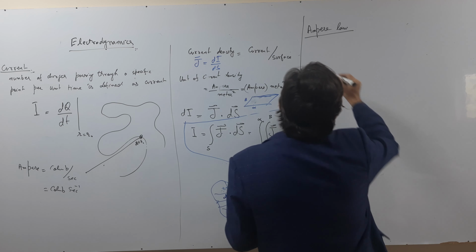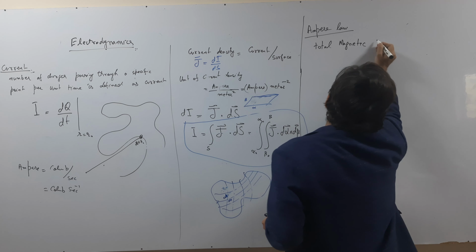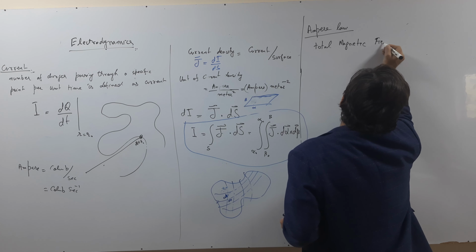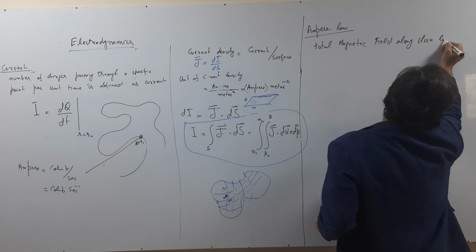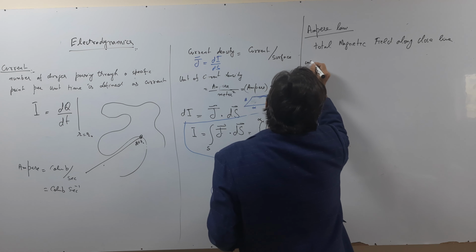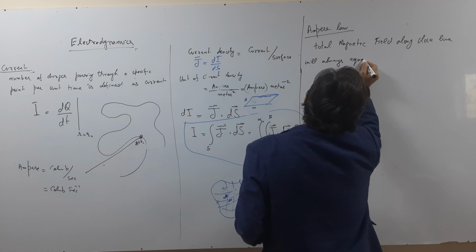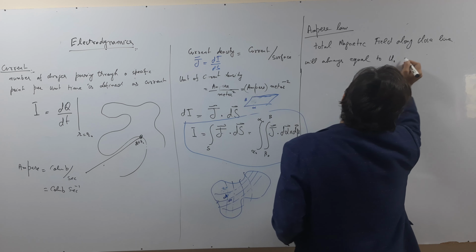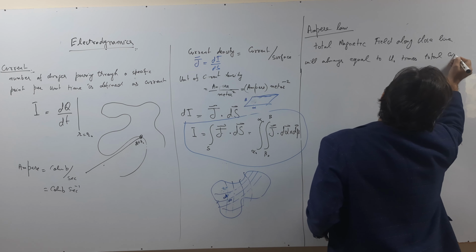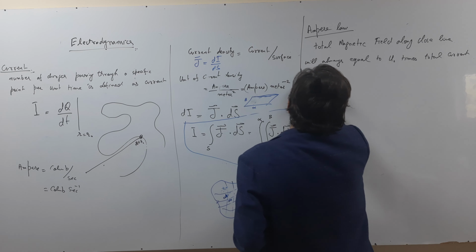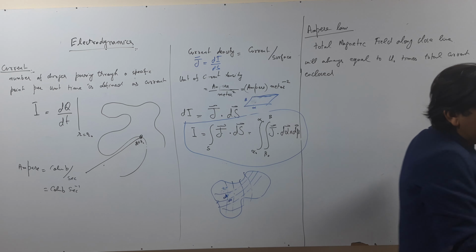What is Ampere's law? The total magnetic field along a closed line will always equal mu naught times the total current enclosed.